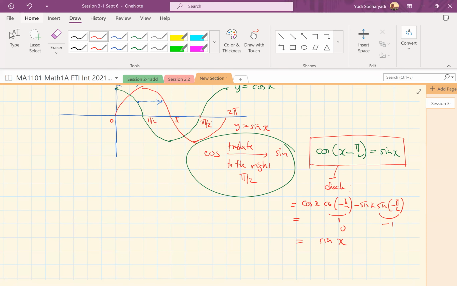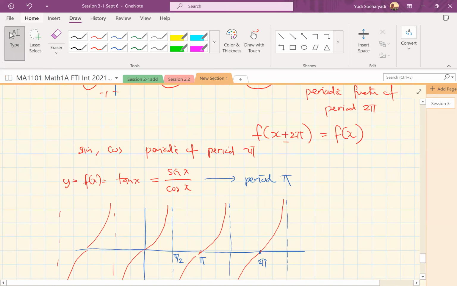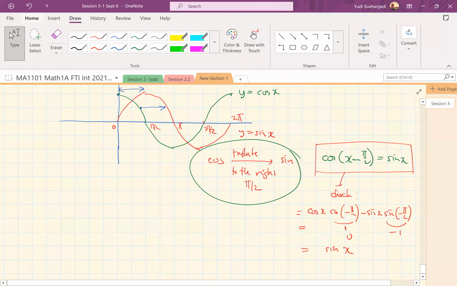So here you get a formula just by observing the graph. What about the other way around? How do you get cosine from sine, just looking at the graph? By translating to the left or to the right? To the left.